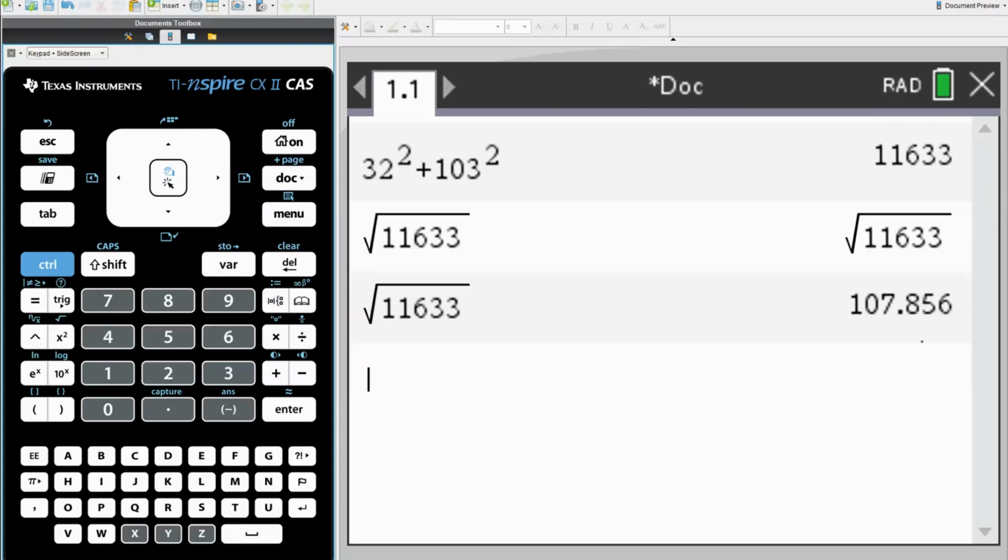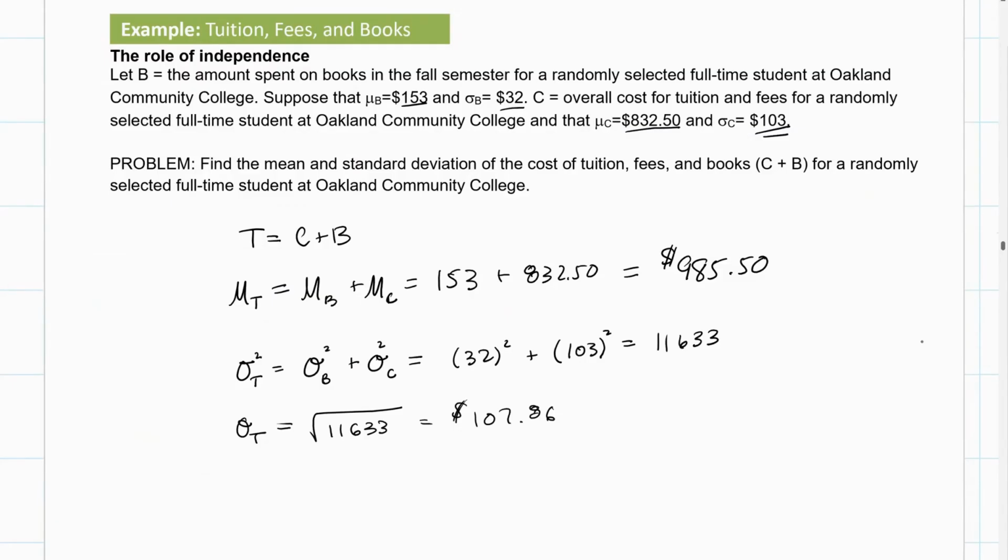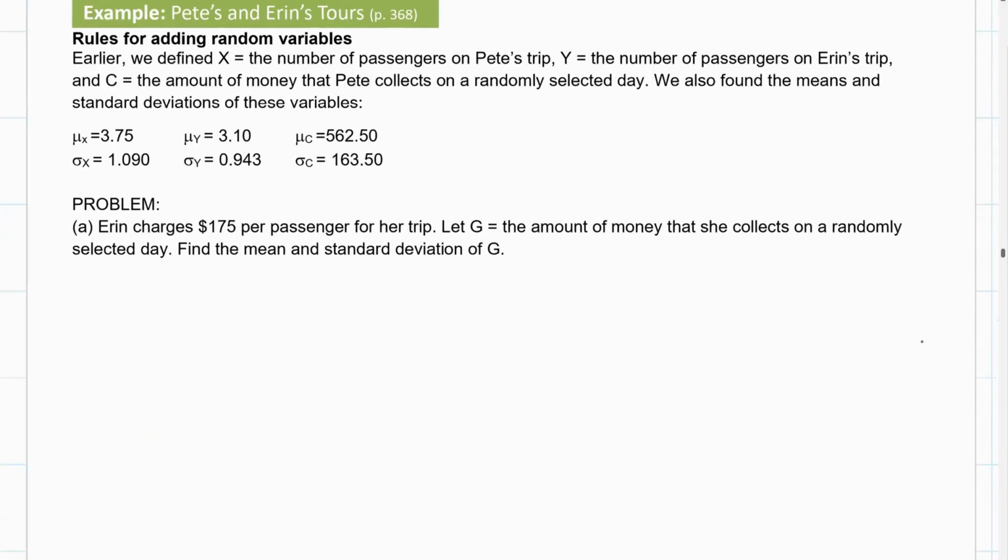Let's go back to Pete and Aaron. It says earlier we defined X as being the number of passengers on Pete's trip, Y the number of passengers on Aaron's trip. C was the amount of money that Pete collects on an individual day. That was, by the way, I think he gets $150 per passenger.